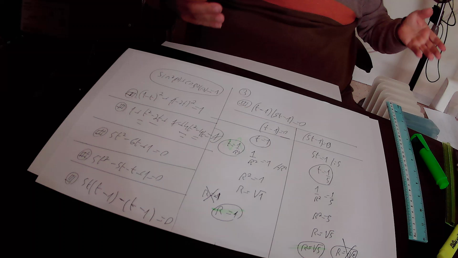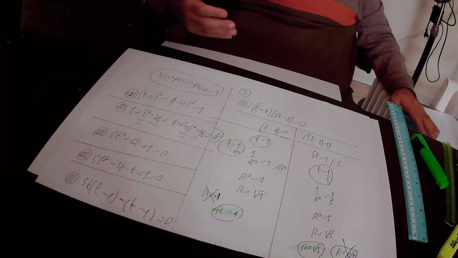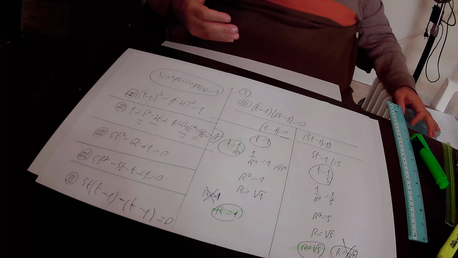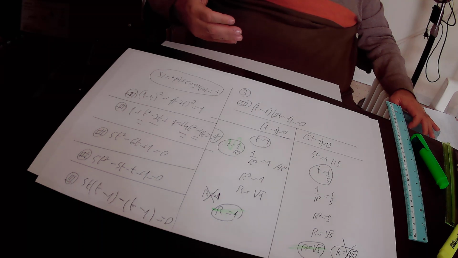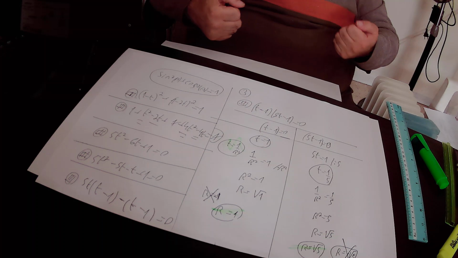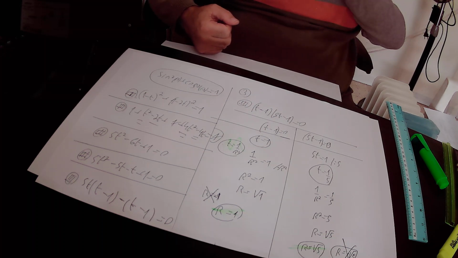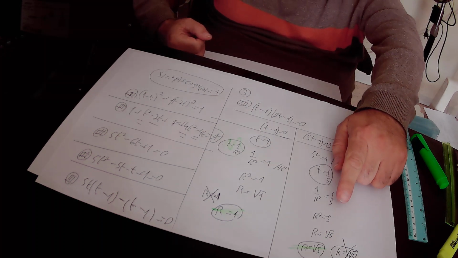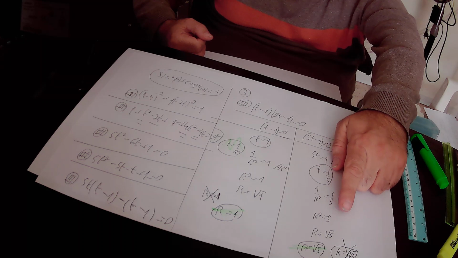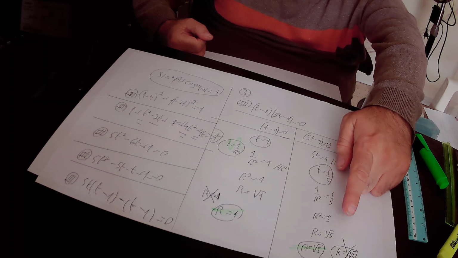For the square root of 5 we have two solutions. r could be equal to the positive square root of 5, or r would also be equal to the negative square root of 5.